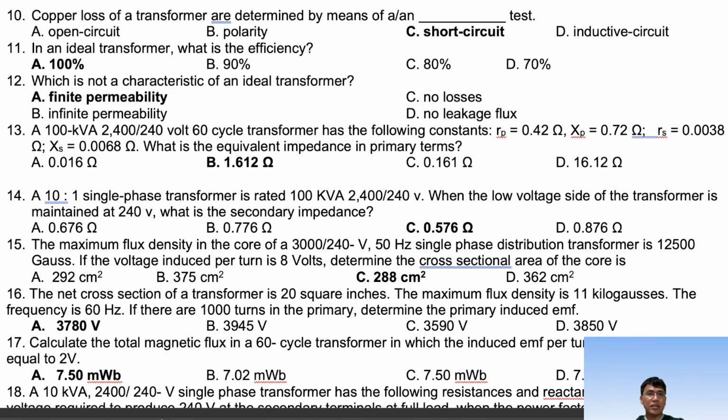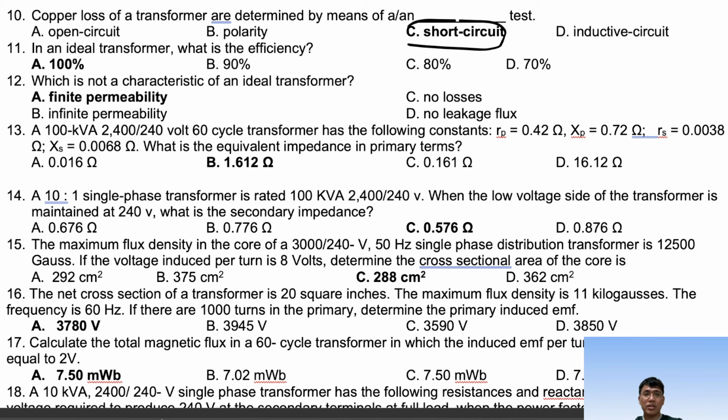And for number 10, copper loss of a transformer are determined by, of course, the answer is short circuit test. So there are 2 tests that we do in order to get the efficiency of our transformer. Okay, one is the core loss.